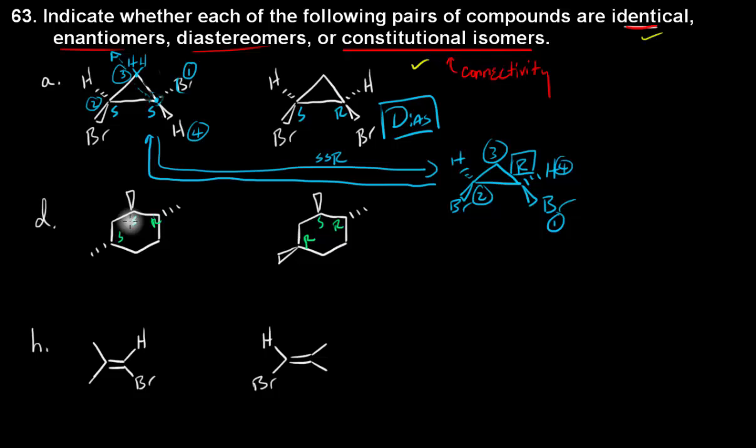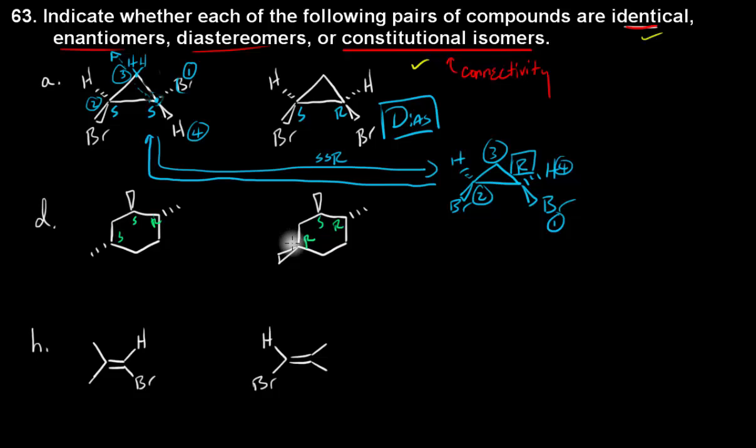So these two chiral centers will retain the same configuration. If this is an S, then this is an S. This one right here on carbon 1, however, will be totally different. If this is an S, then this will be an R.